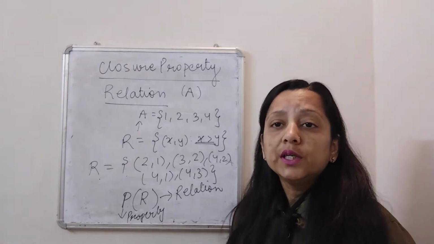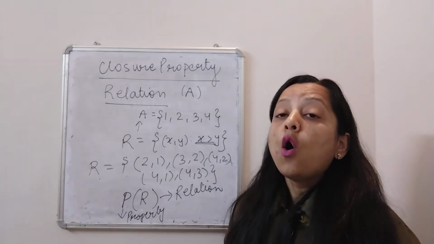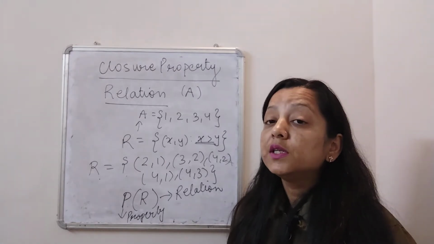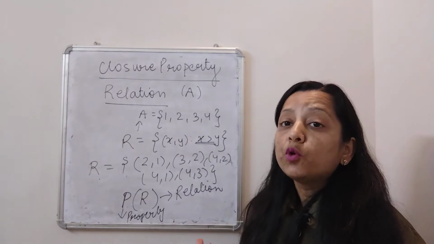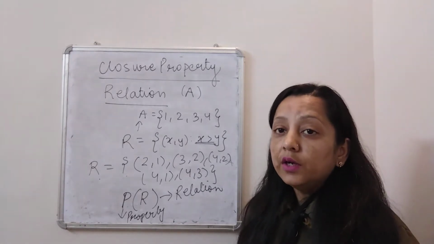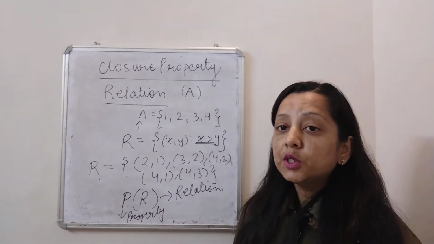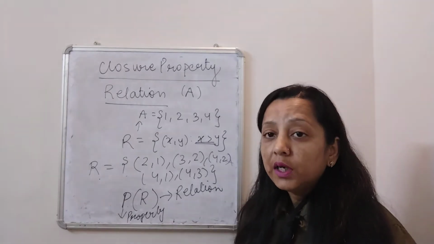So what are these? These are the properties of relations. Symmetric is one property of the relation, or reflexive is one property of the relation, or transitive is one such property of the relation. So these are the properties of the relation, right? On whatever criteria or condition a relationship is formed, that criteria is known as the property of that particular relationship.